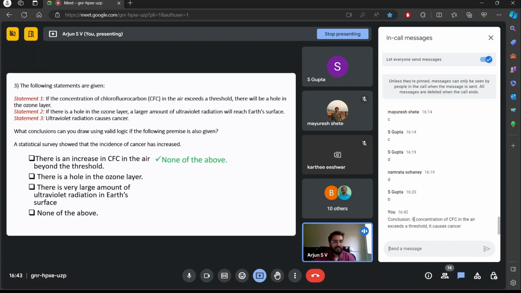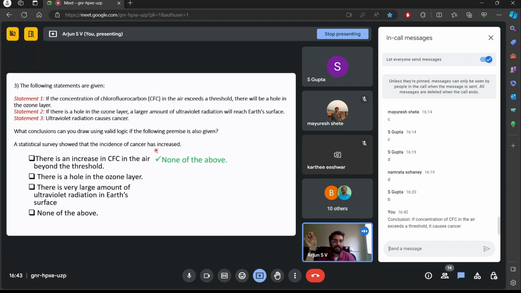So the conclusion follows the form: if A then B. A is the concentration of CFC increasing, B is causing cancer. The premise says that statistical surveys show that the incidence of cancer has increased. So if A then B, and now B is there, it does not necessarily mean that A is there, because that's not a logical conclusion.